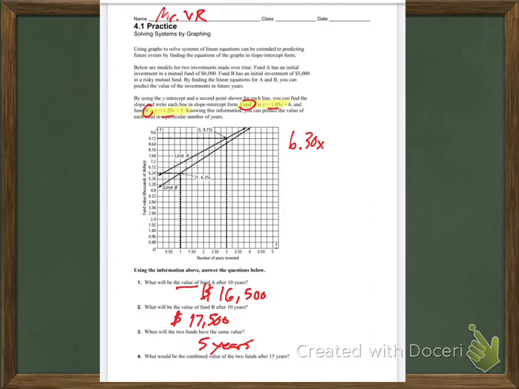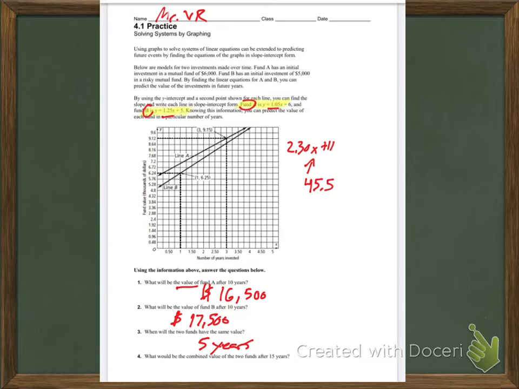Oh, I'm sorry, not 6.30. That's going to be 2.30x, and then plus 11. And then in our x, we're just going to plug in 15. So 15 times 2.30 equals 34.5 plus 11. That's 45.5.